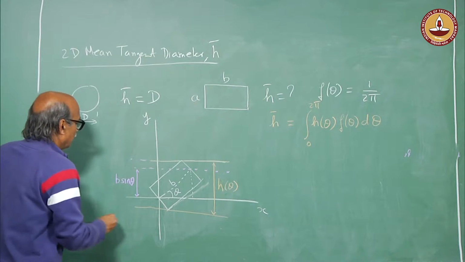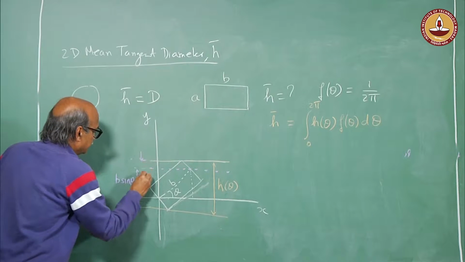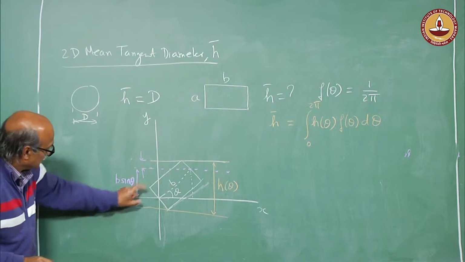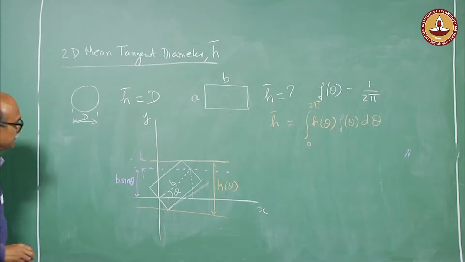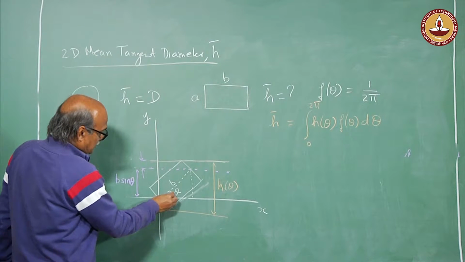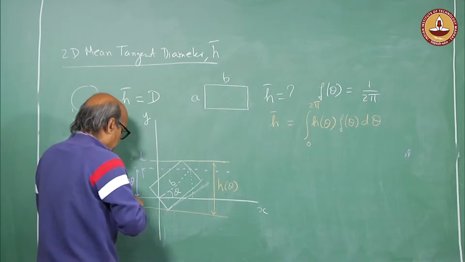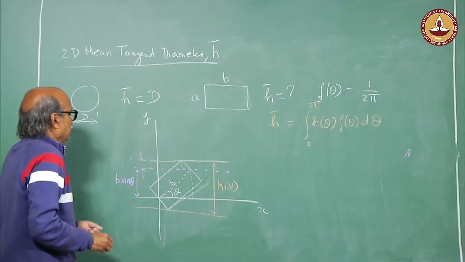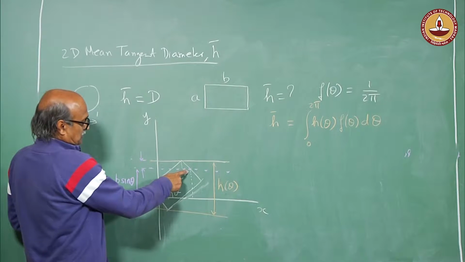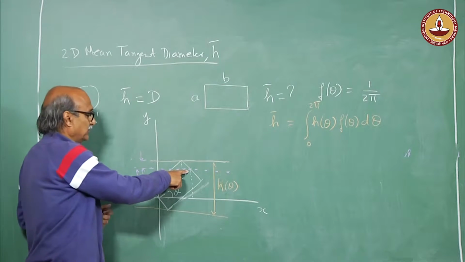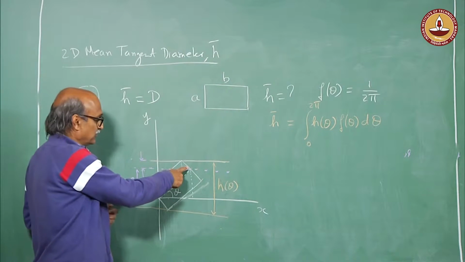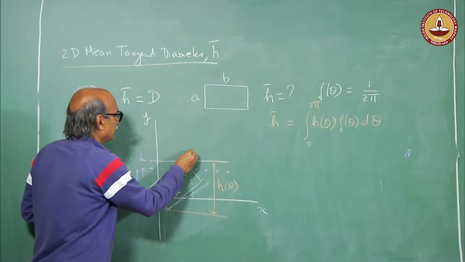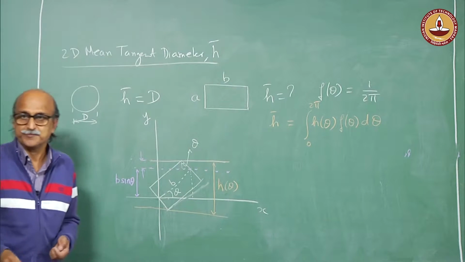Now, what about this length here? Then I will add up all of these pieces to get at h theta. Well, if this angle is theta, let me draw a perpendicular from here. If this is theta, this angle would be pi by 2 minus theta, then this would become theta. Okay, simple geometry.